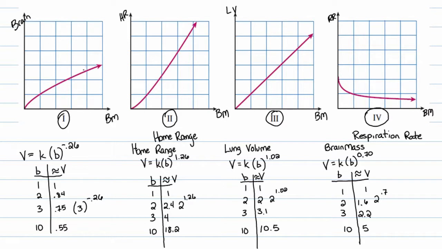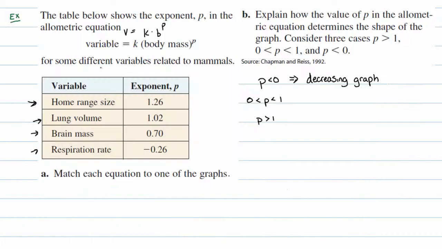The graph is increasing, but it increases by less and less every single increase in body mass. In other words, it's increasing, but the rate of increase slows down.